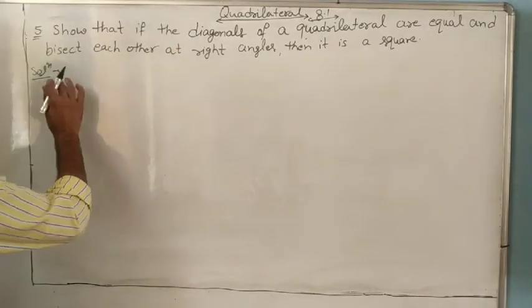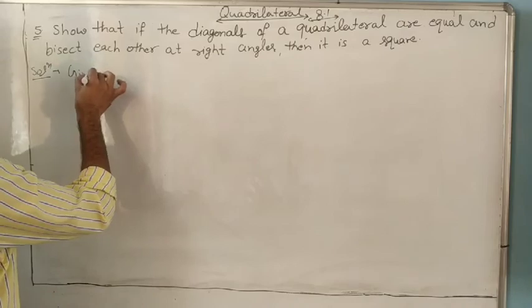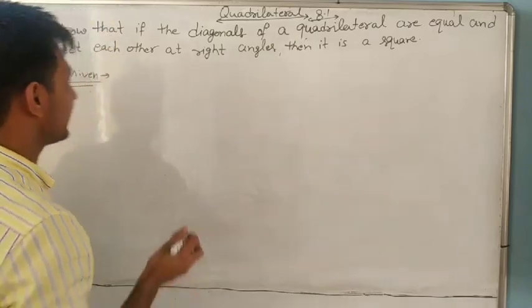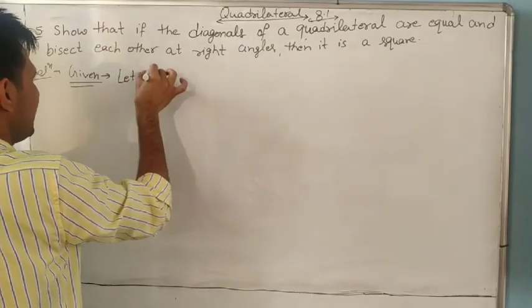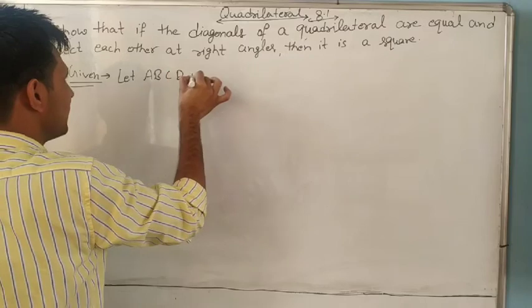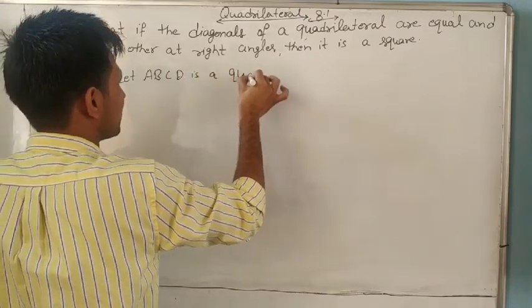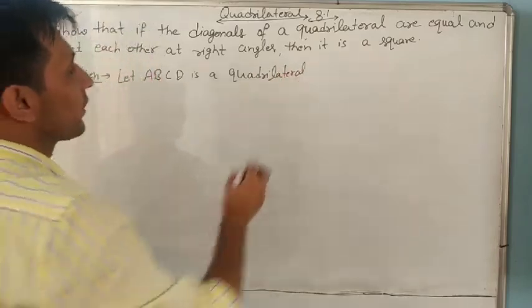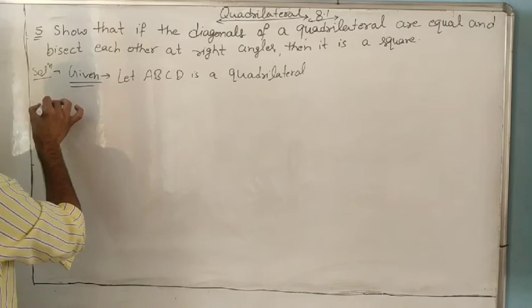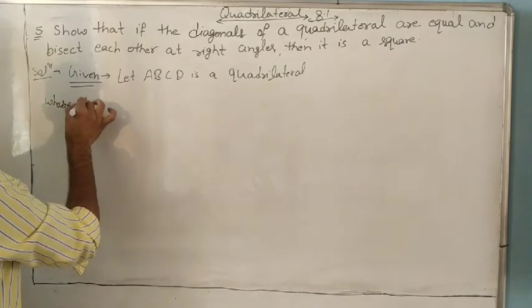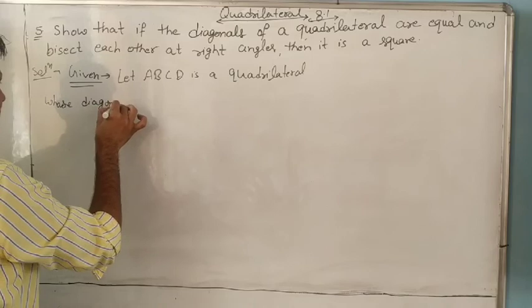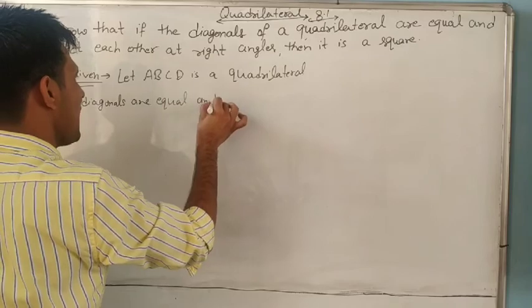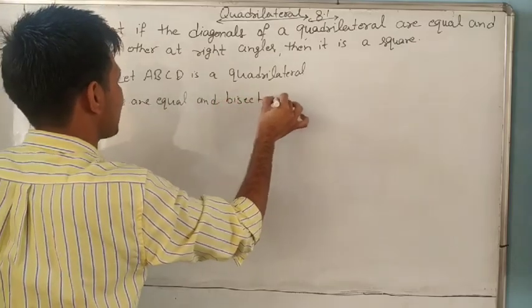So first we will write given. What is given? Let ABCD be a quadrilateral whose diagonals are equal and bisect each other.